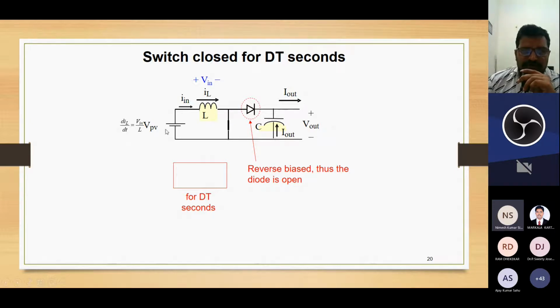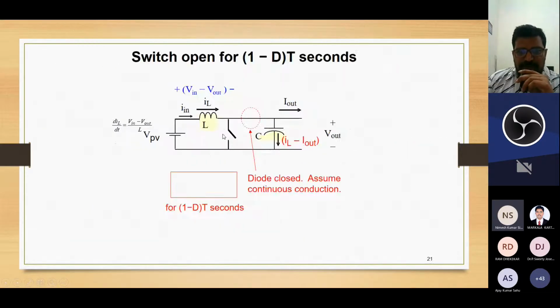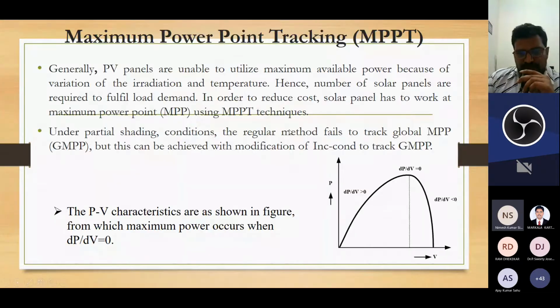The entire VPV will go across the inductor and charge it. During the open position, it will give the voltage across the inductor plus VPV as an output.